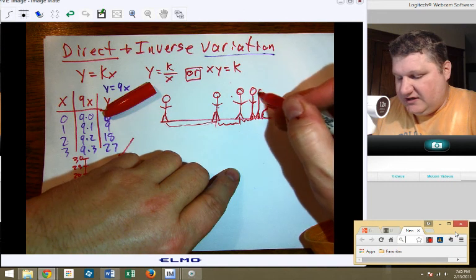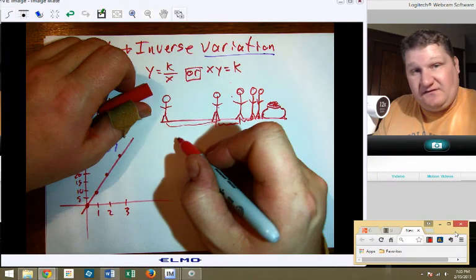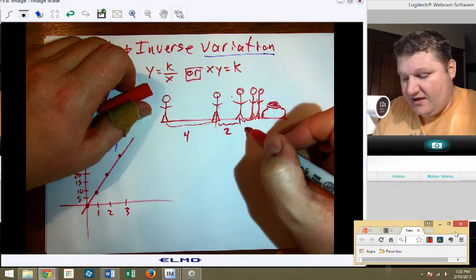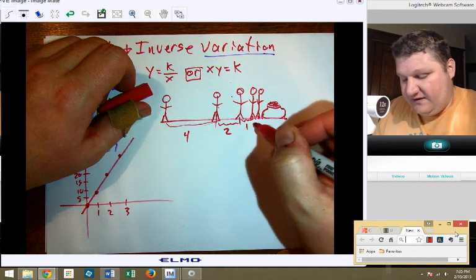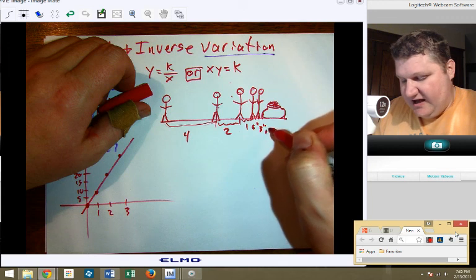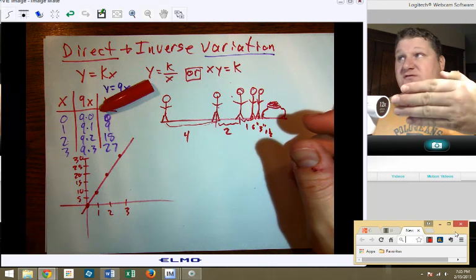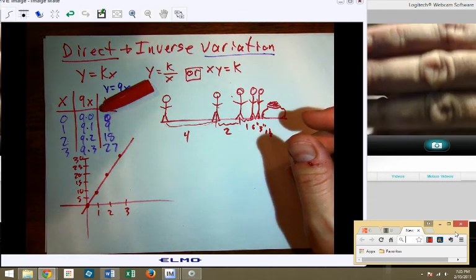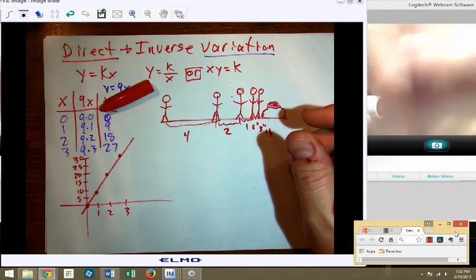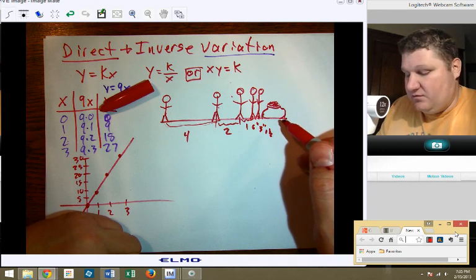Instead of the first time you move maybe 4 feet, the second time you get to move 2 feet, the next time only 1 foot, then 6 inches, then 3 inches, then only an inch and a half. If you always go half the distance, closer, closer, closer, you never actually make it all the way to the item.